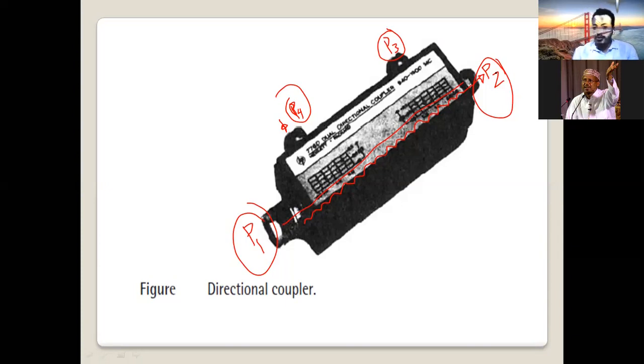A small portion of the signal is coupled, or transferred, from this transmission line to another transmission line. You will find it here. This is another transmission line. So a small signal is transferred from this cable to this cable.